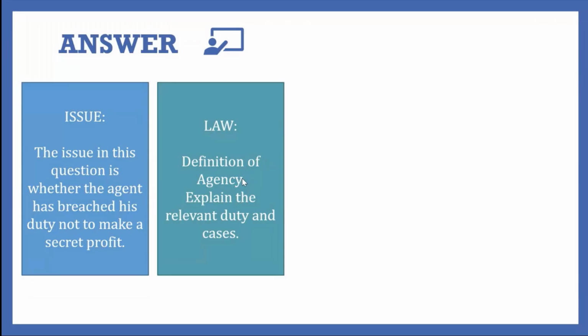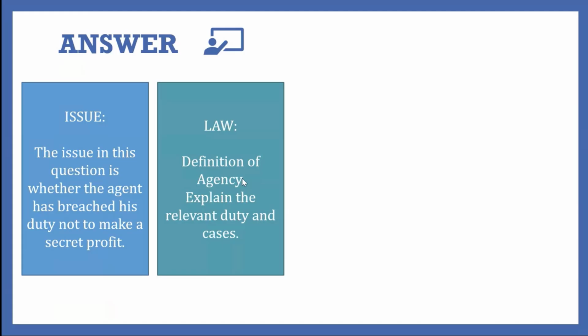Since this question is regarding secret profit, you've got to explain what is a secret profit. The agent's duty not to make a secret profit, section 168. Section 169, you've got to explain what is a secret profit and the remedies that the principal can exercise if the agent has made a secret profit. There are 5 remedies. You've got to explain them with your cases, support the explanation with cases.